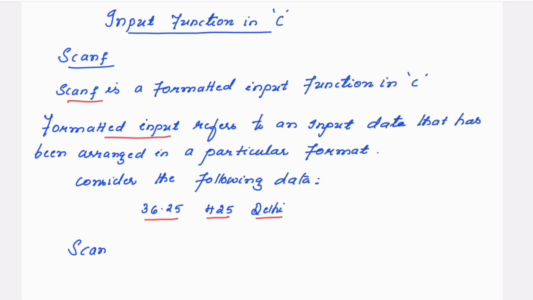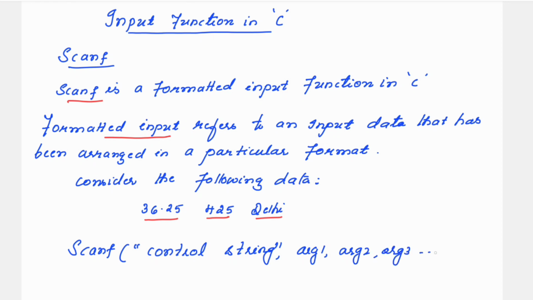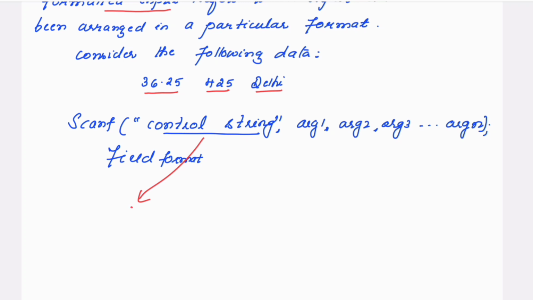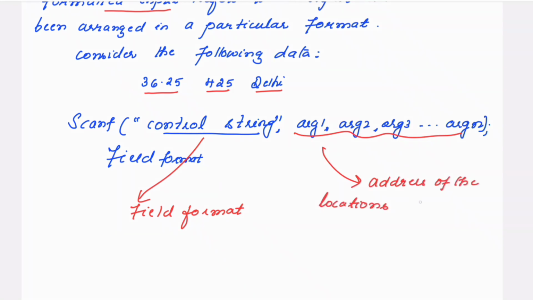The syntax for the scanf statement is scanf, control string, followed by arguments: argument 1, argument 2, argument 3, and so on up to argument n. Now what does this control string specify? The control string specifies the field format in which the data has to be entered, and the arguments specify the addresses of locations where the data is stored.